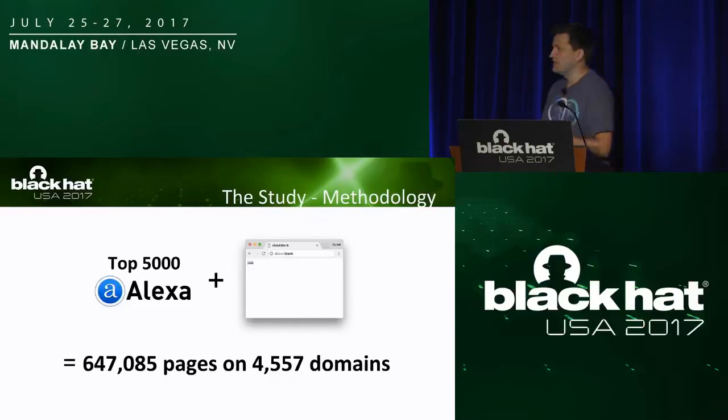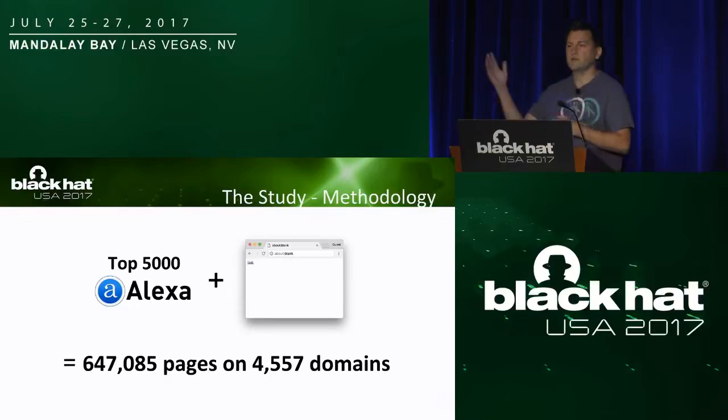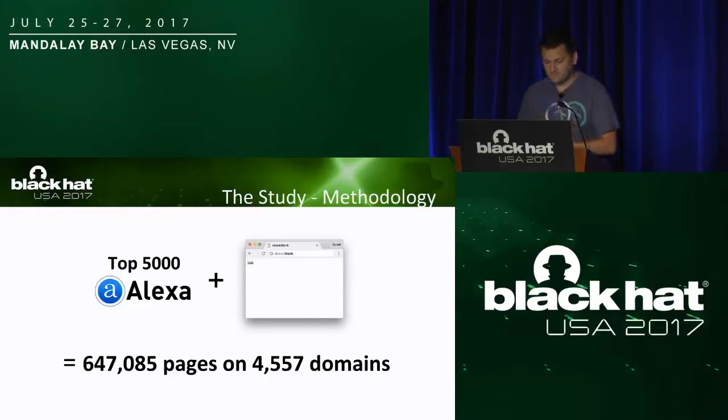In total, we crawled about 650,000 URLs on about 4,500 domains. It's only 4,500 because in the Alexa top 5,000 websites, a lot of sites redirect. For example, all the Google top level domains like google.de, google.fr, and so on, redirect to google.com. So in the end, the data set is a bit smaller.